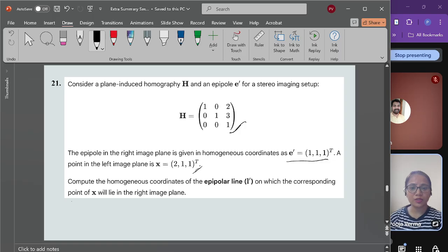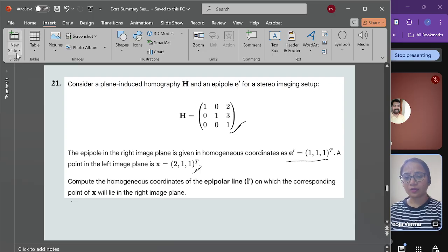Compute the homogeneous coordinate of the epipolar line l dash on which the corresponding point of x will lie in the right image plane. So how can we calculate it? You must have calculated it in the previous classes or assignment problems. So I'm just taking one new slide here.